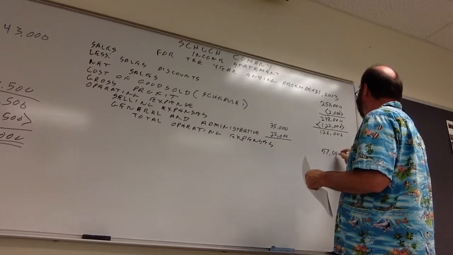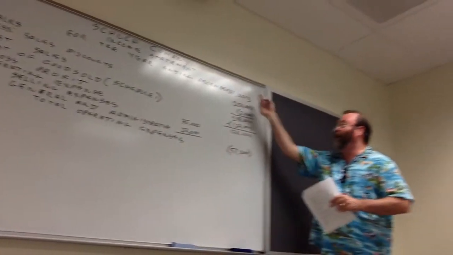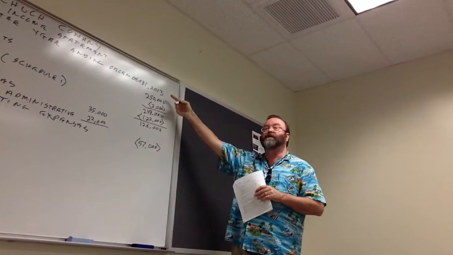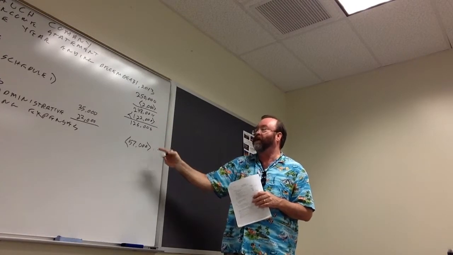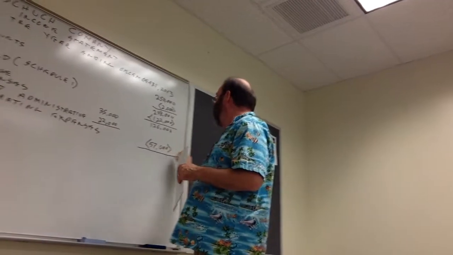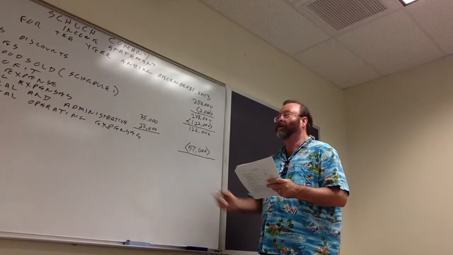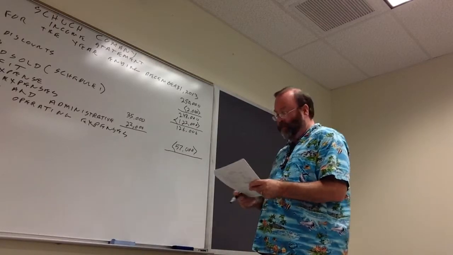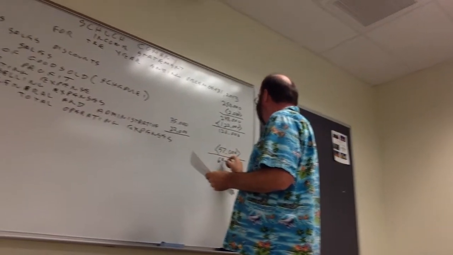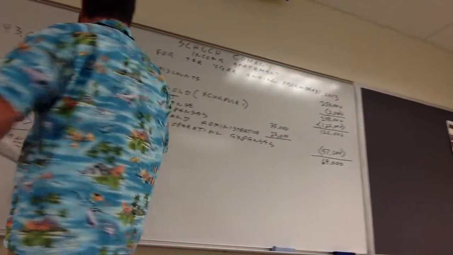Now this I'm going to put brackets around because in this column over here, some numbers are positive, the sales numbers and the gross profit, net sales and the gross profit. So now I need to differentiate what is positive and what's negative. But over here, you don't need the brackets. So that gives us $69,000 as operating income.